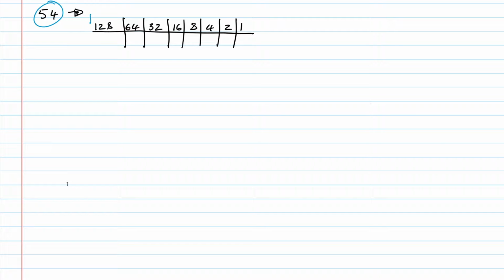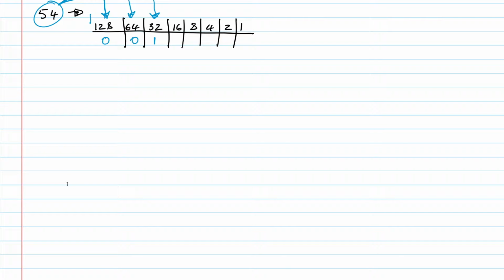Is 54 bigger than 128? Well, no, it's smaller, so I'm going to put a 0 in there. Then we do the same and look at 64. 64 is bigger than 54, so we put a 0 here. Now we've got 32. 32 is smaller, so we put a 1 here.